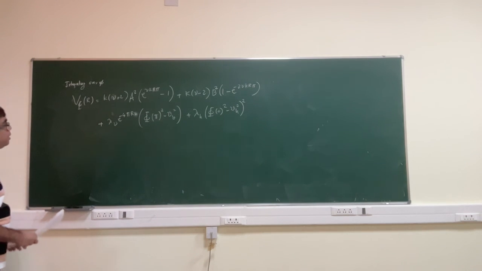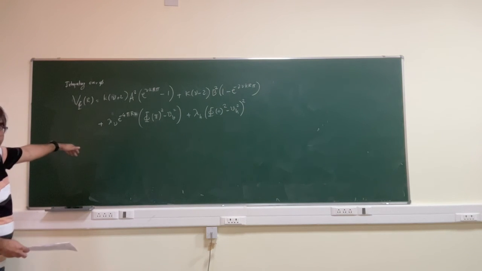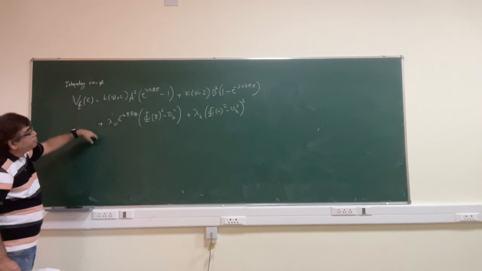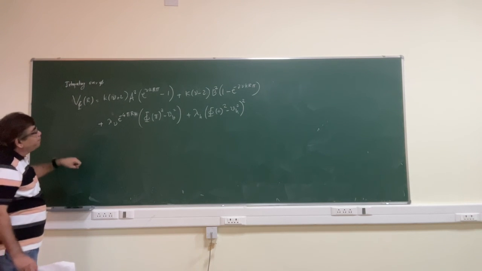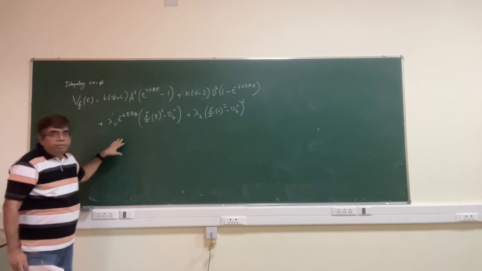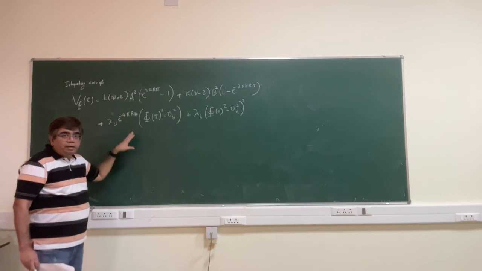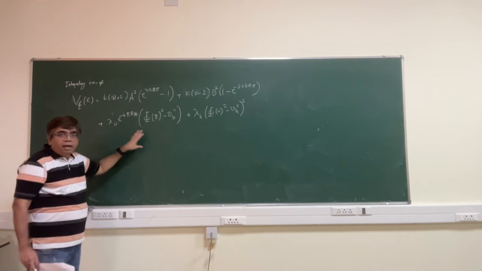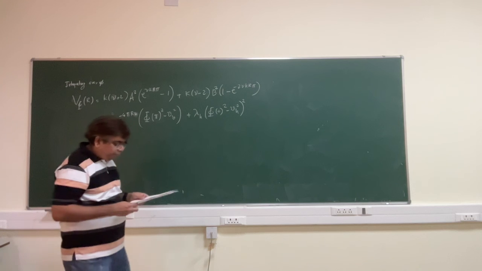The basic idea here is that I'll have a minimum of this, which is a function of R. You can solve it numerically and show that R gets minimized. You are getting an R dependent potential, and the R gets a minimum.